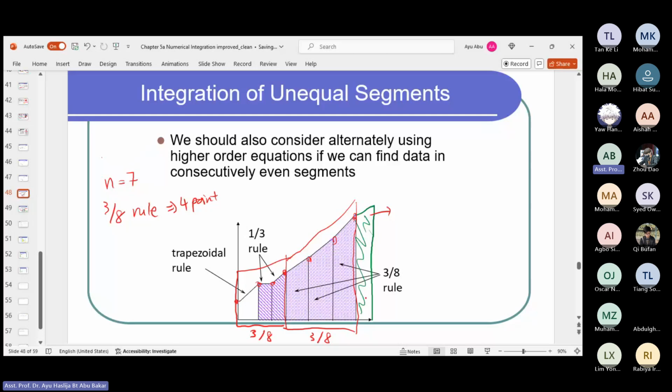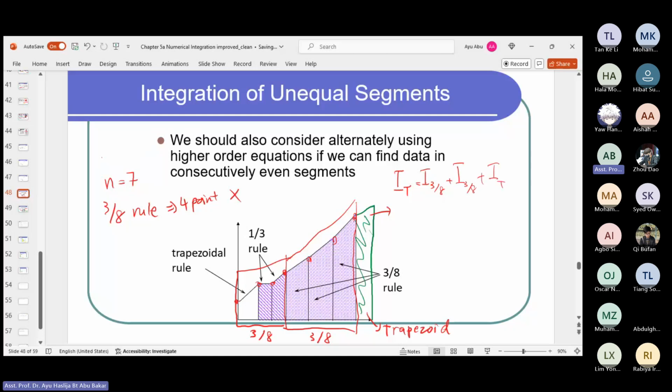So the last segment, you can use trapezoid. So for this, 3/8 rule only doesn't work. You must add with trapezoid. So total of integration over here would be the 3/8 integration plus the integration of the trapezoid.